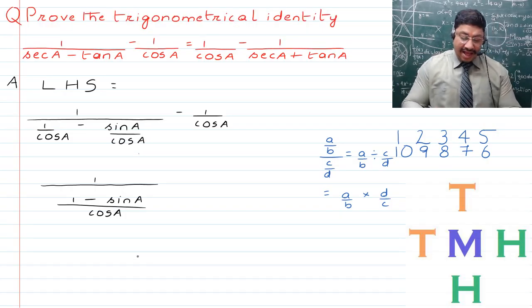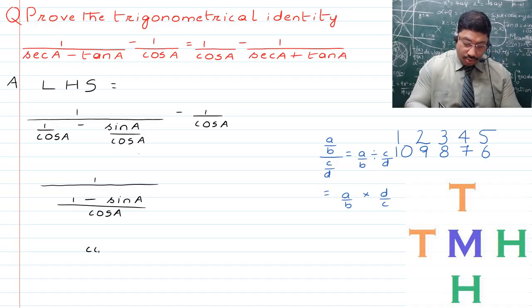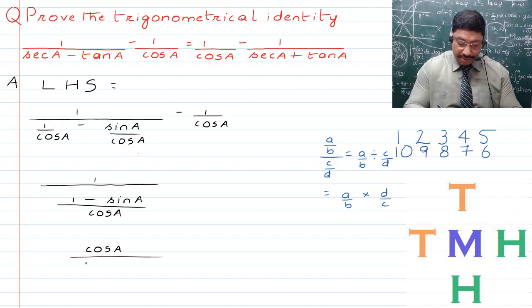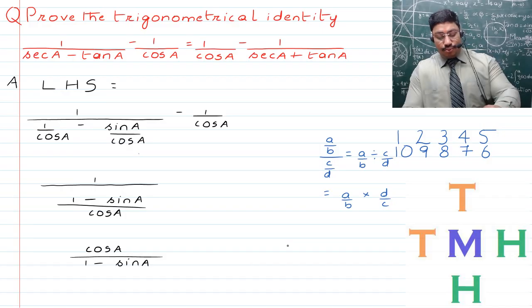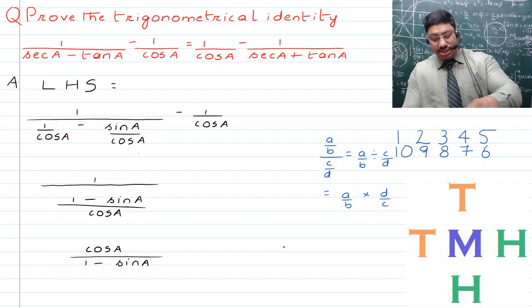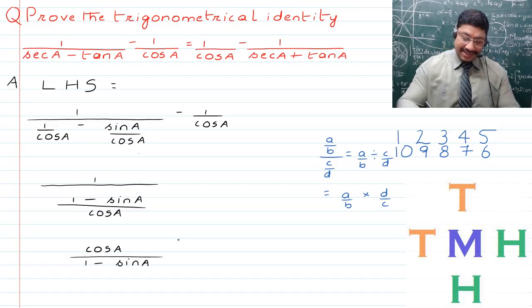Now we will have 1, which is actually the numerator, which is divided by, that means this is the whole denominator sign, right, by 1 minus sine A upon cos A. So as such, cos A will come over to the numerator, and thus this denominator is going to be 1 minus sine A, right? Just try and visualize. This is just like A upon B, which is divided by C upon D. So this will become A upon B into D upon C, that is cos A upon 1 minus sine A, right?